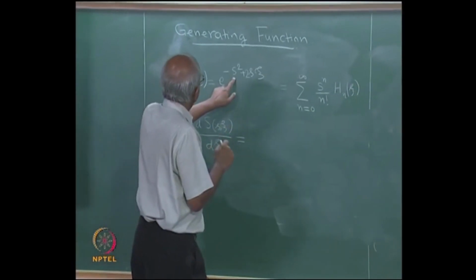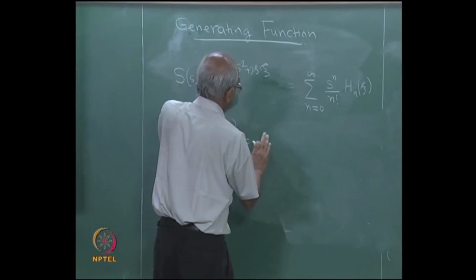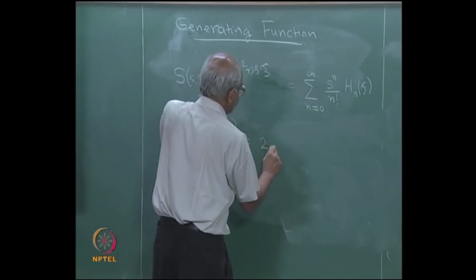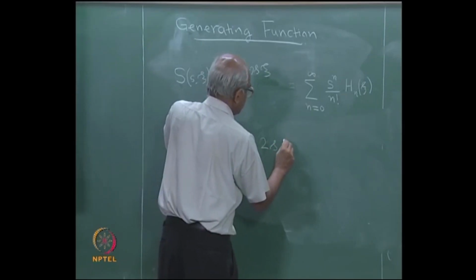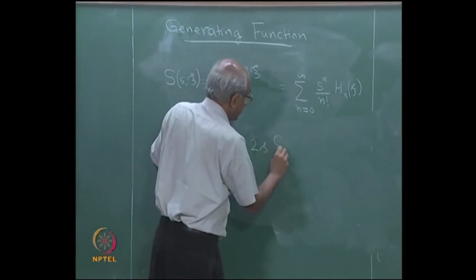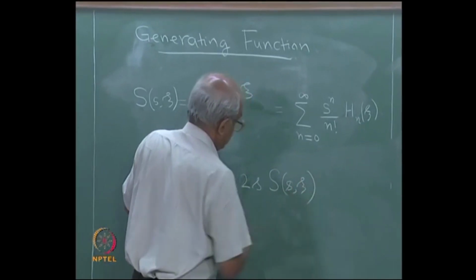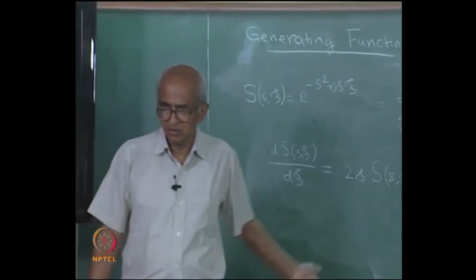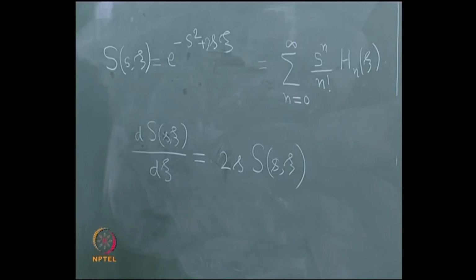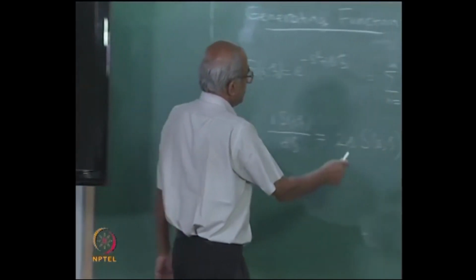Well, if you differentiate, the answer is going to be, sorry, there is no negative sign, it is going to be 2 times s times this object, and that is nothing but your S, correct. This is definitely valid. But then I know that S is given by this expression.